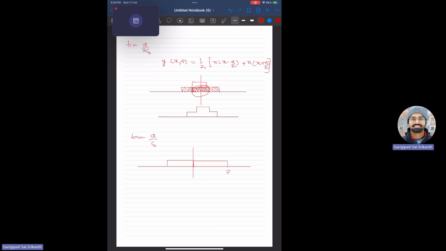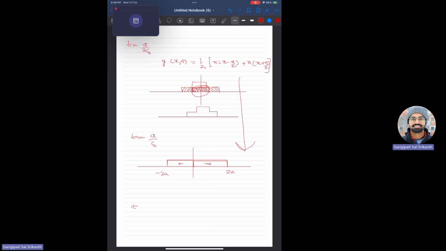So this part is moving here, this part is moving here, but this is the overall shape. Awesome.